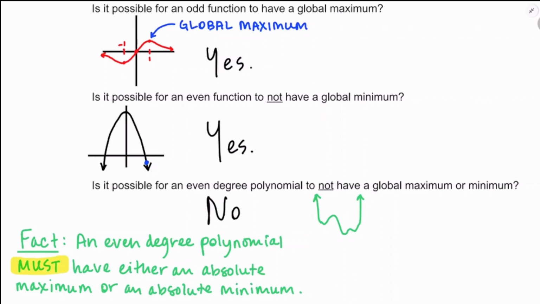That does mean that we have to have some lowest point. Or maybe they've got a negative leading coefficient, and they look kind of like that. I think that's a little sharp, but that could be an even degree polynomial. It might just be really high degree, have some weird stuff going on in it, and that would have an absolute maximum somewhere. So it's not going to be possible for an even degree polynomial to have neither. We've got to have one or the other.